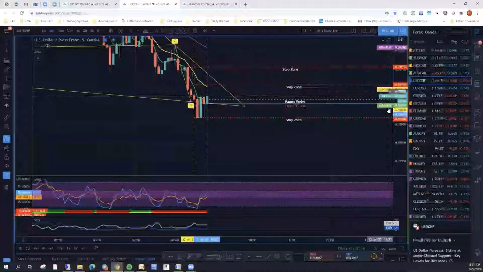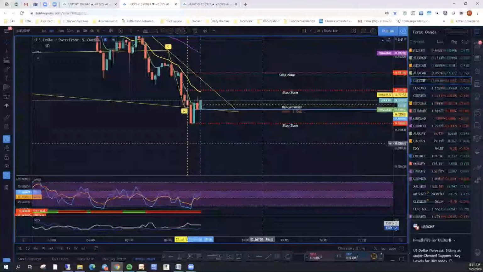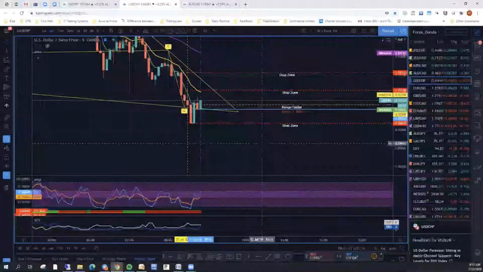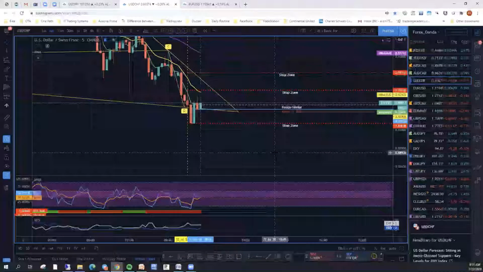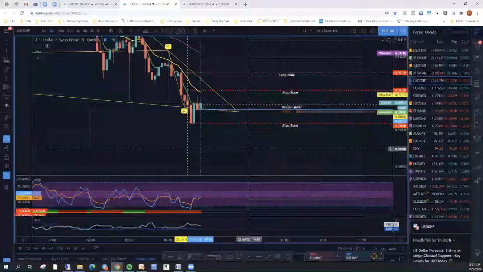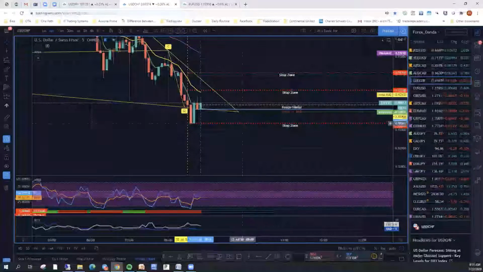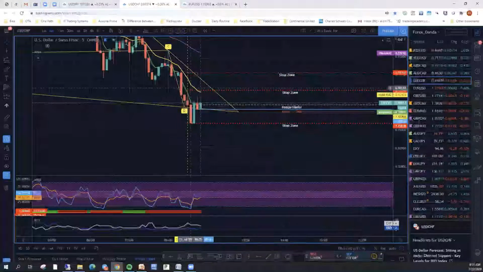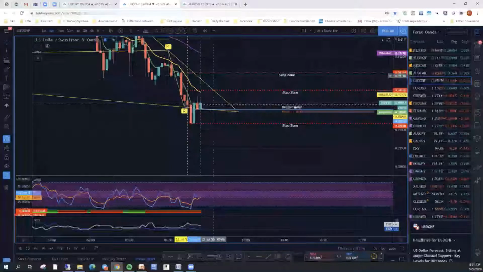All the moving averages are still in the correct direction. And it still can't make a higher high to break this.